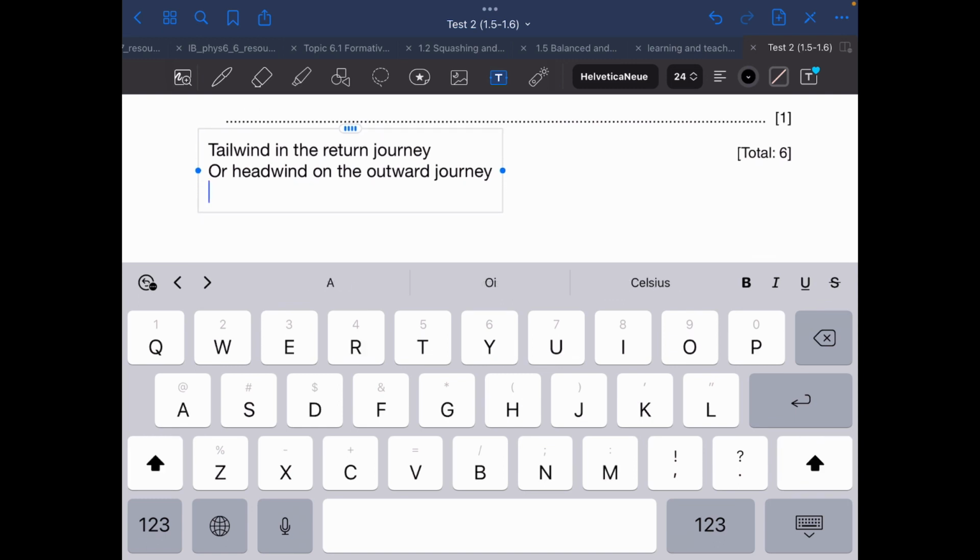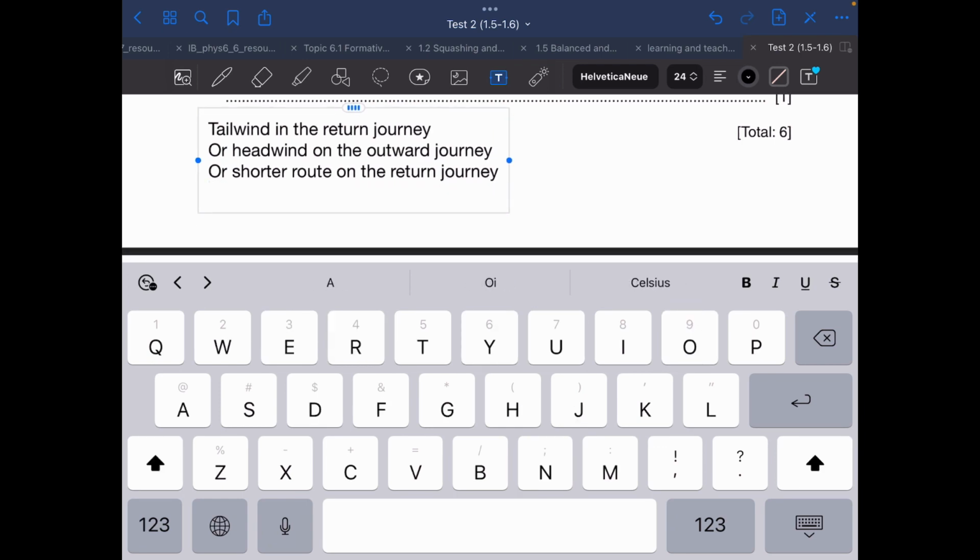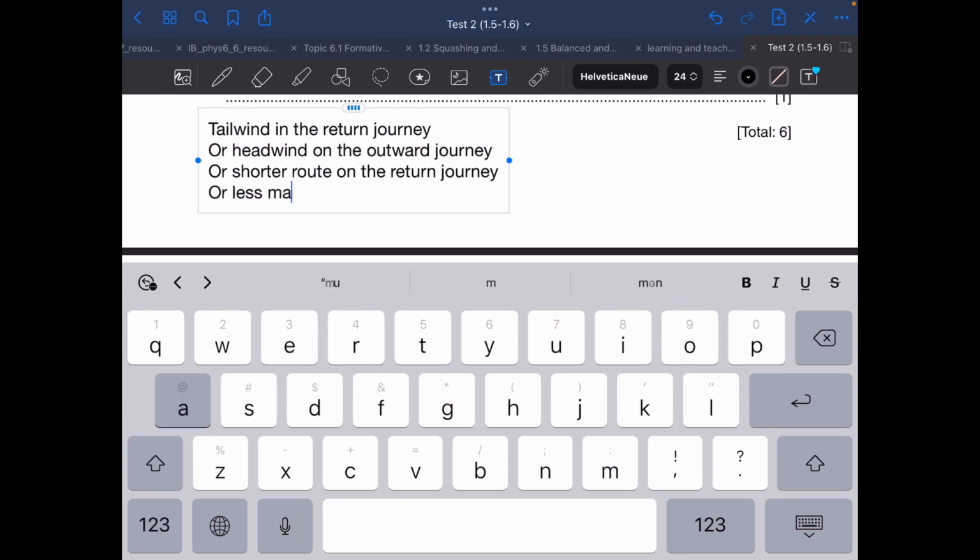It's possible that the pilot has chosen a shorter route on the return journey. Another possibility is that on the way back there were fewer passengers and the aircraft could have been lighter, so we can say here, or less mass on the way back.